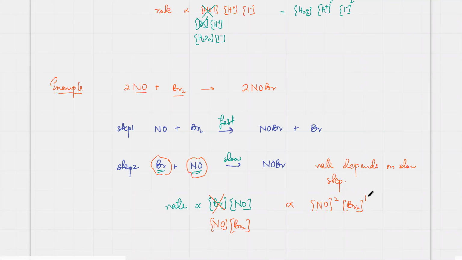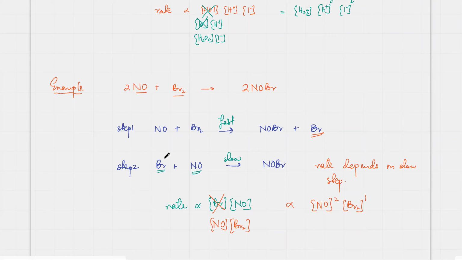So what about BR2? BR2 is order 1. Now BR2 doesn't even appear in the slow step. So how is BR2 speeding up the slow step? Because if you increase the concentration of BR2, the concentration of BR changes. If you double the concentration of BR2, the concentration of BR would also double.